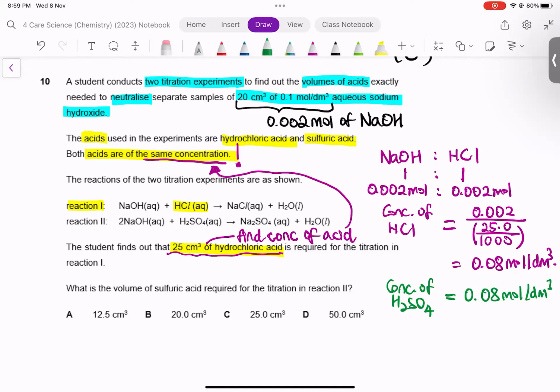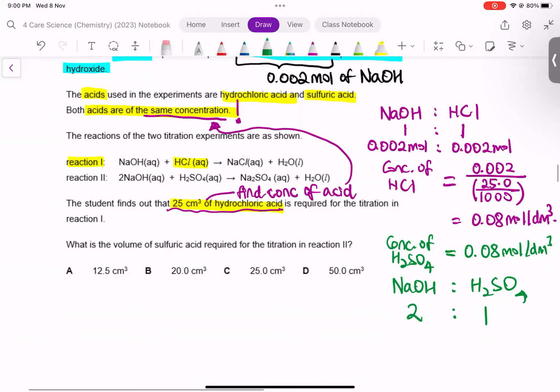Then now we will do the same analysis, but this time round for experiment 2. Experiment 2 uses NaOH and H2SO4. 2:1. NaOH is still 0.002 moles because you use the same volume of alkali.